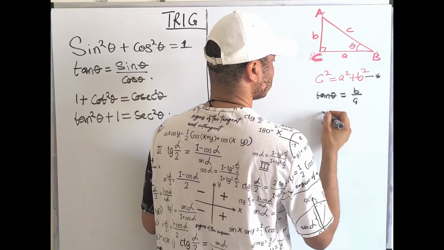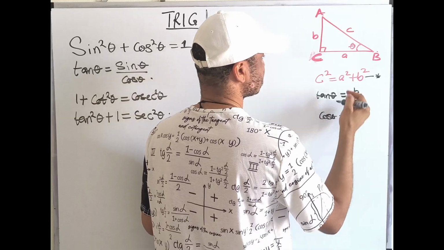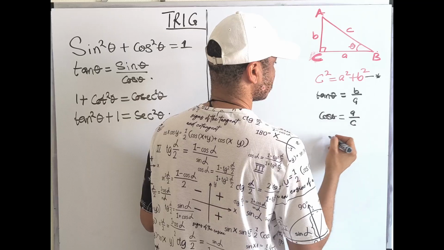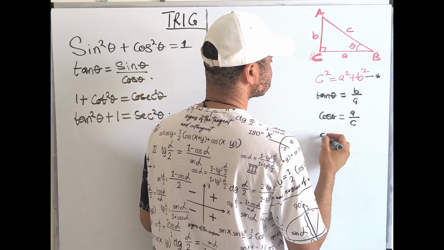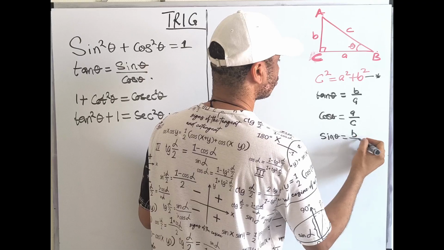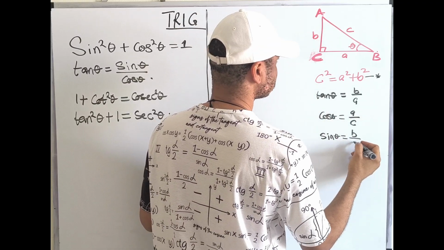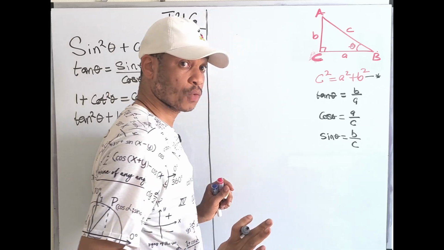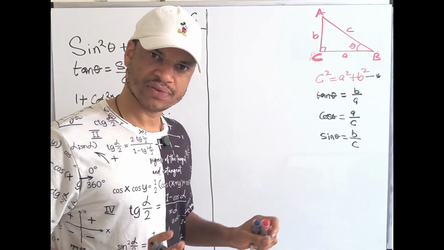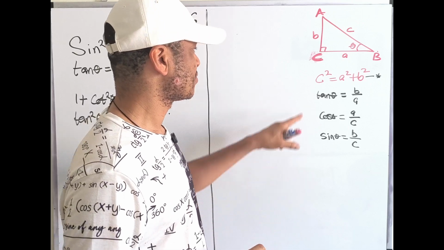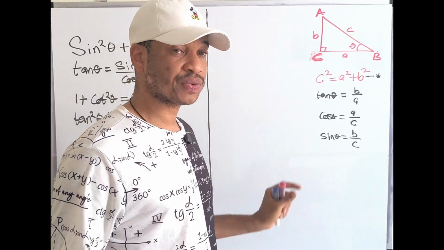Then cos theta is adjacent over hypotenuse, CAH. Then sin theta is opposite over hypotenuse, SOH. So we're just doing SOHCAHTOA. For now you can understand what's going on, right? Pythagoras theorem, SOHCAHTOA.